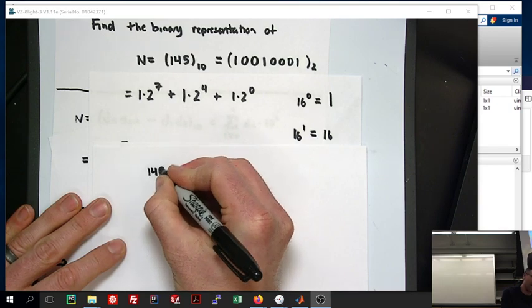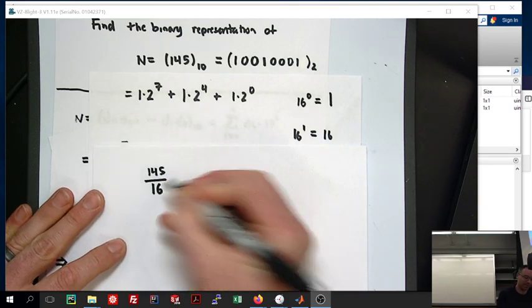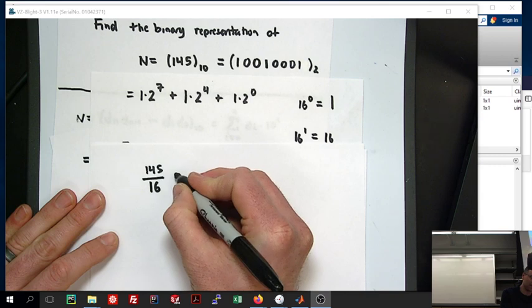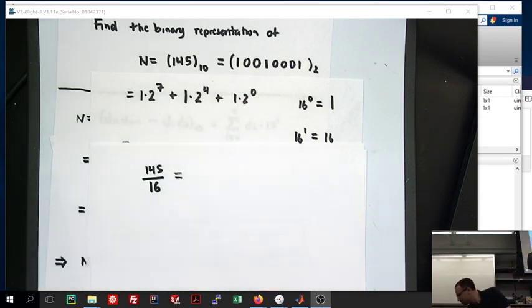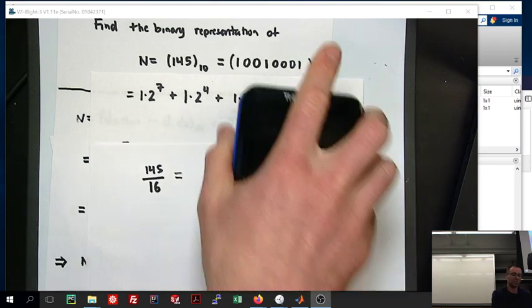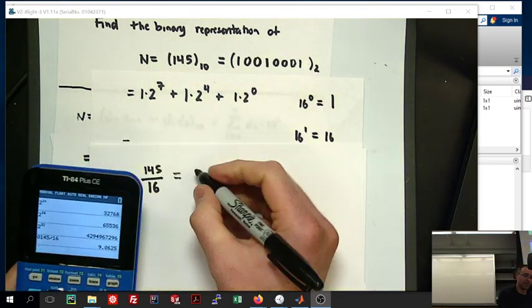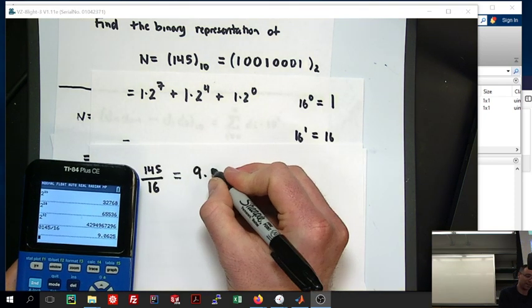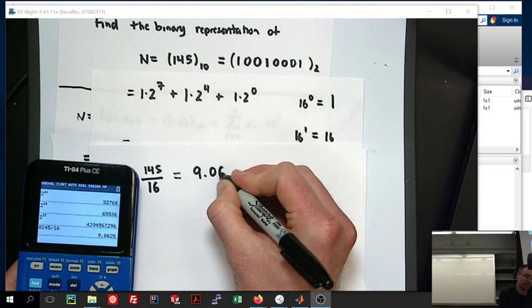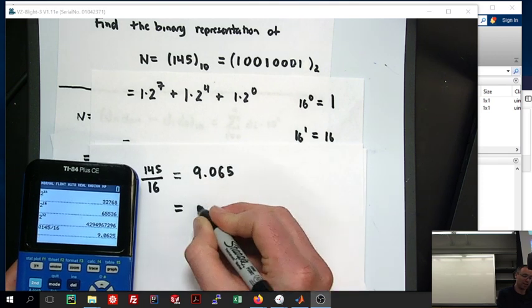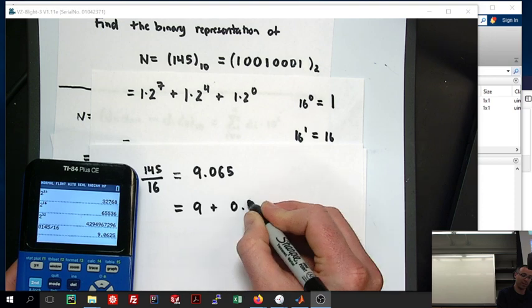So 145 divided by 16. Anybody know what that is? 145 divided by 16, 9.065, which is 9 plus 0.065.